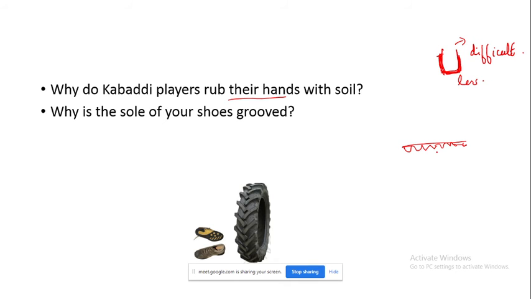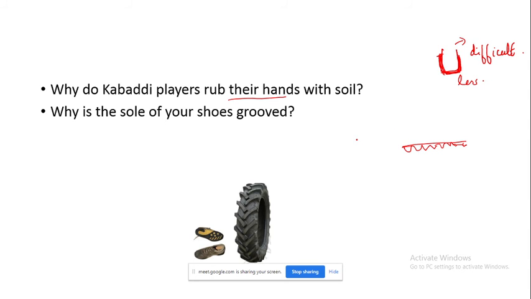If it is flat, we will slip, ma'am. So tell me with reference to our friction. If there are no irregularities in the chappal, there will be less friction, ma'am. It leads us to slip.